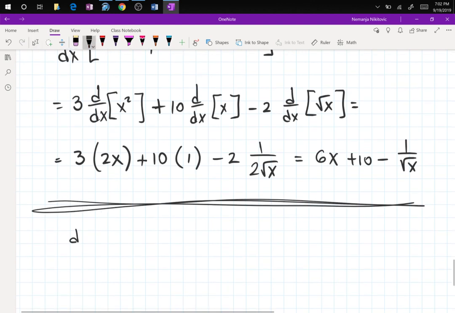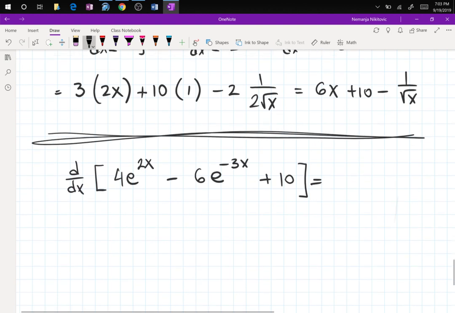Okay, one more. The derivative of 4e to the 2x minus 6e to the negative 3x plus 10 is what?